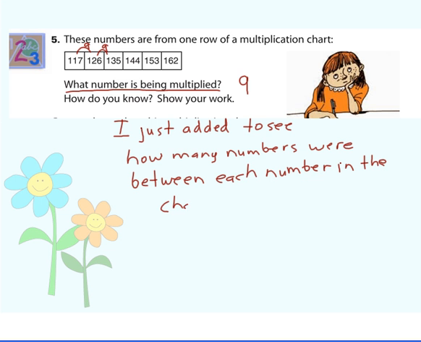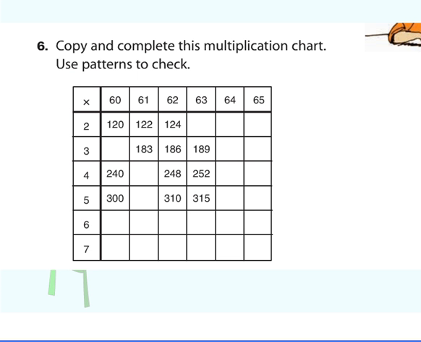So I just counted on. You could also subtract. You could go 126, take away 117. So equals 9. So to me, to count on is easier for me than to do a 3-digit subtraction. So I just counted on. So that's question 5. Let's have a look at 6.